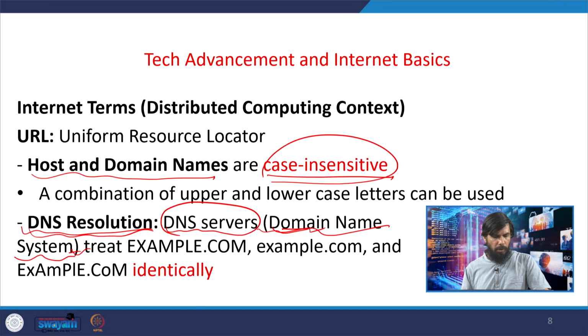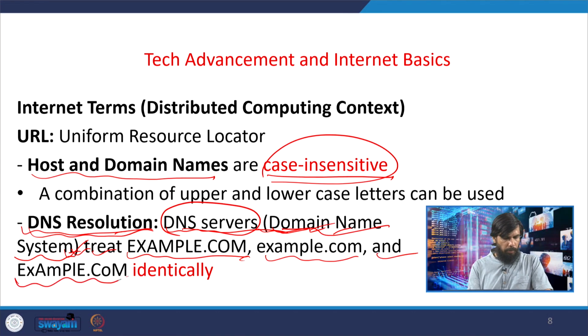That resolution is done by the domain name system. And coming back to the domain names, DNS servers will treat example in all capitals .com, example.com in all lower case, and a mix of upper and lower case, all identically. Therefore that part becomes case insensitive.